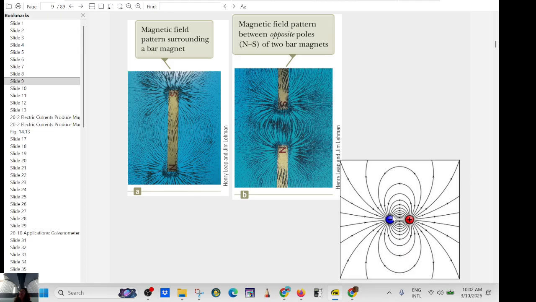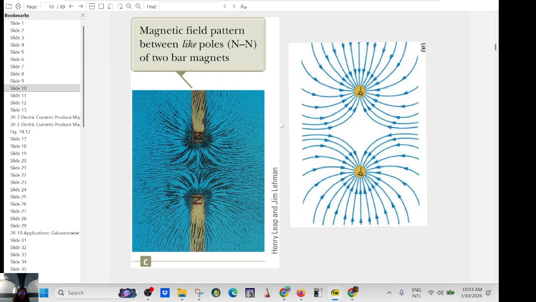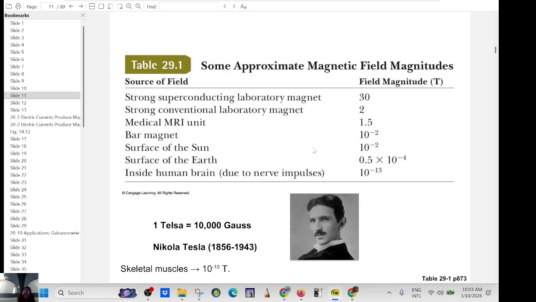So you have a nice symmetry with an electric dipole, out of the plus into the minus, always from plus to minus for an electric field. Okay, so north and north repel each other, again interacting through the field, pushing each other. It's like two negative charges here repelling each other through the field.